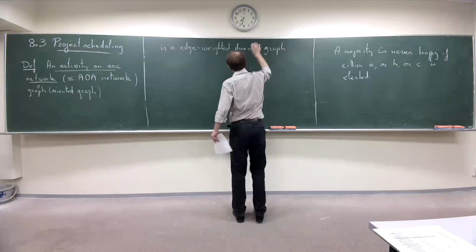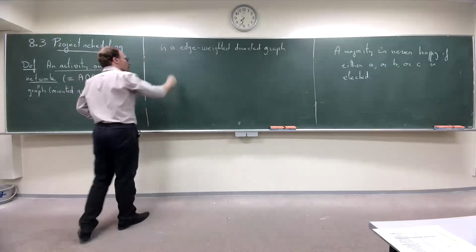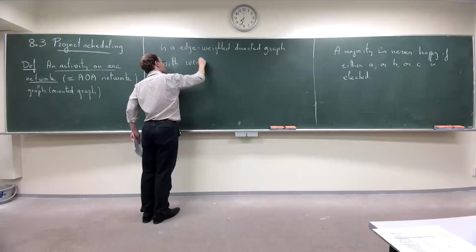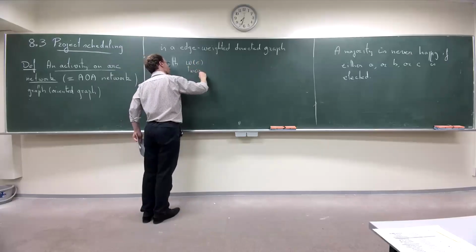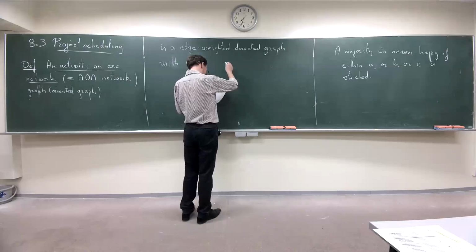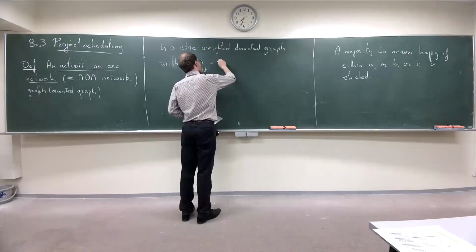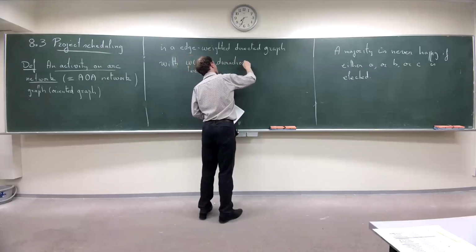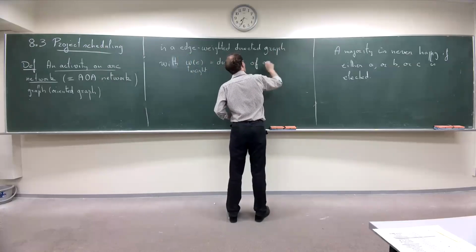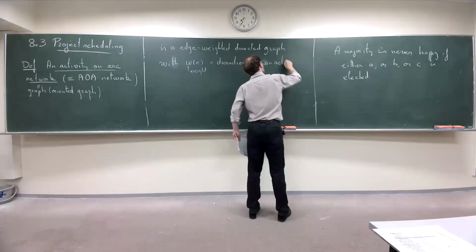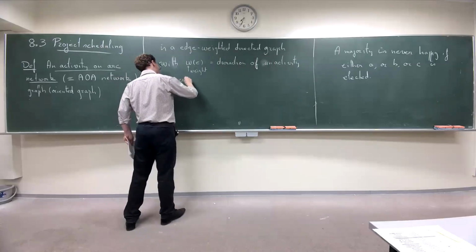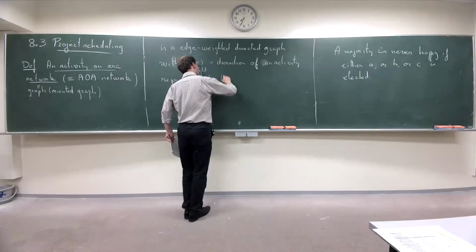We put information on each edge. This is the weight associated to the edge E, a certain weight which represents the duration, the time length, of an activity represented by the edge E.